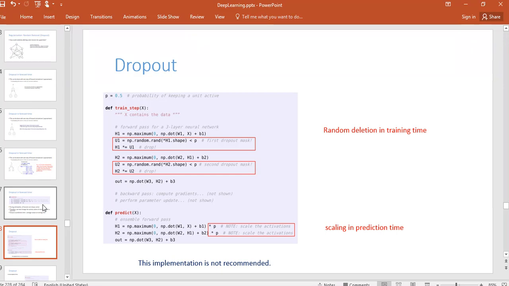Again, in the implementation codes, we have considered the case where p represents the fraction of neurons that are kept. But finally, we have to divide the neurons exactly by p itself. If you consider p as the fraction of neurons that are kept, you should divide by p. And if you consider p as the fraction of neurons which will be deleted, you should divide by 1 minus p.